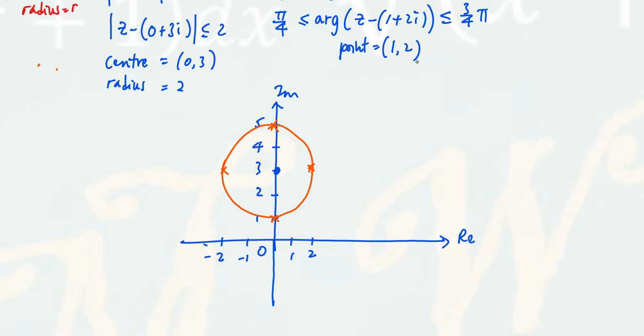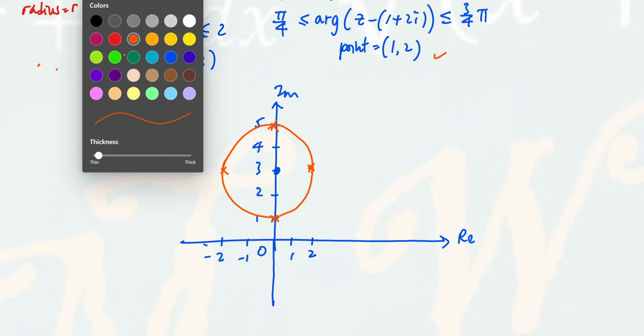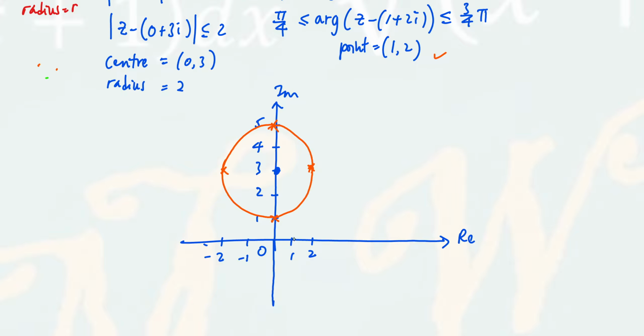Now the other one is the point (1, 2). So x is 1, y is 2, that means it's over here. Now I need to draw the angles first. Pi over 4 is basically 45 degrees.